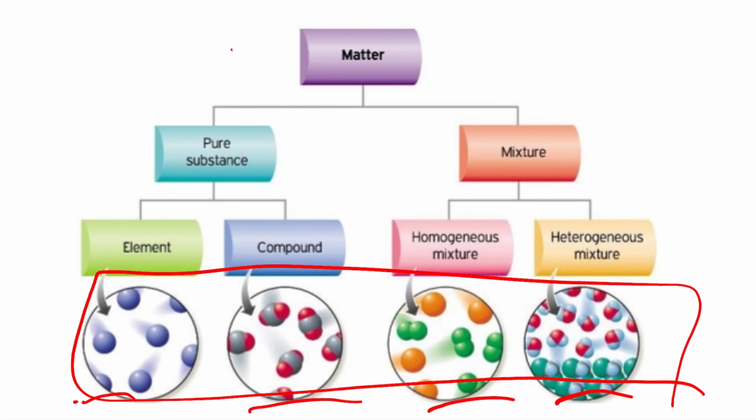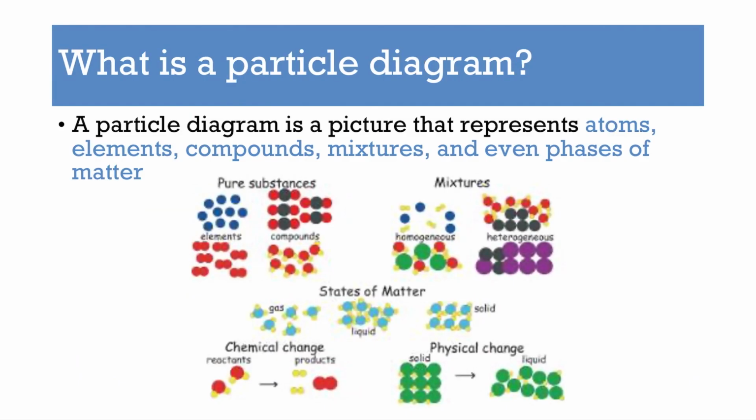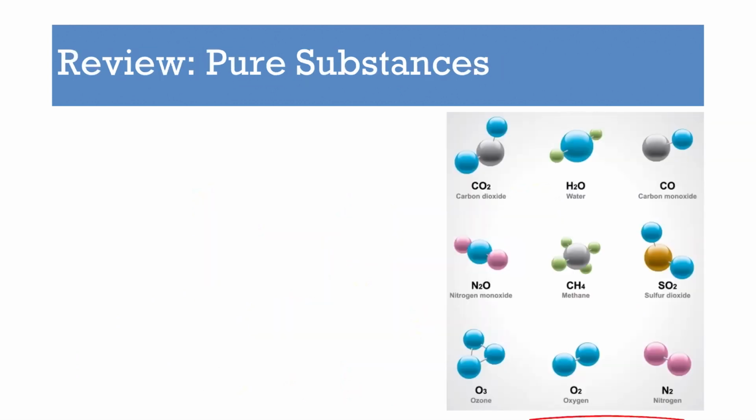And depending on what's drawn and how they're drawn, they tell us different things. So a particle diagram is a picture that represents atoms, elements, compounds, mixtures, and even phases of matter. You'll see there are different types of drawings. Color is a big factor in this, so we'll have some fun with coloring. So let's get into it.